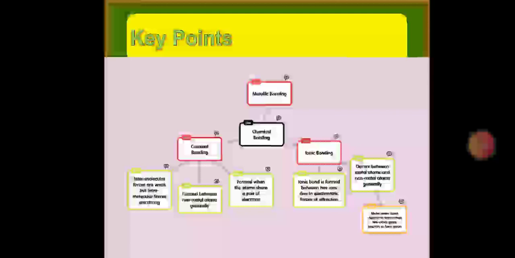The third type of bonding we discussed is metallic bonding. That is because of a sea of electrons, and this sea of electrons is responsible for giving characteristic properties to metals like malleability, ductility, high melting and boiling points, and conduction of electricity.